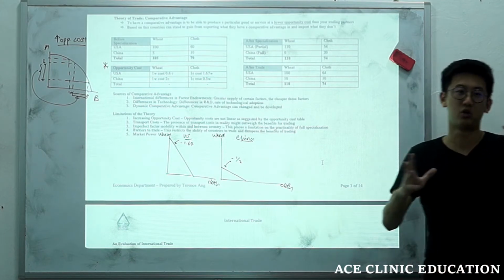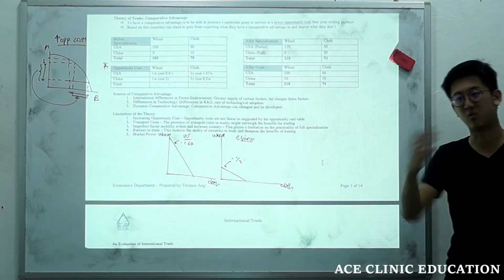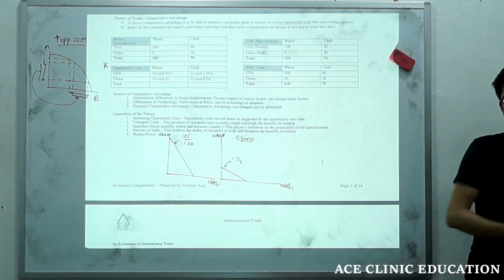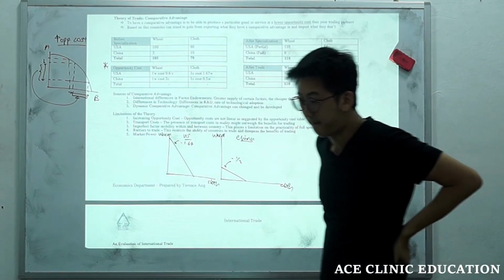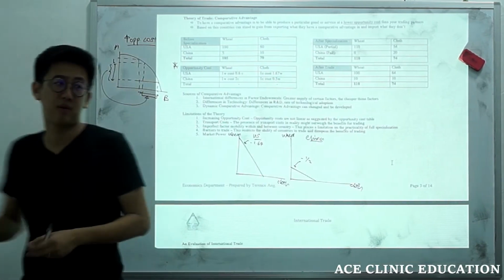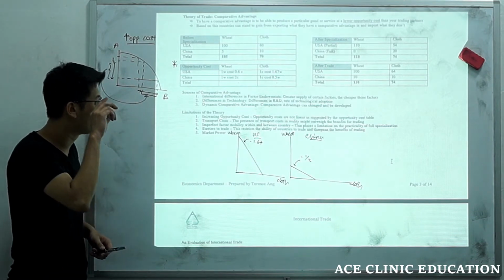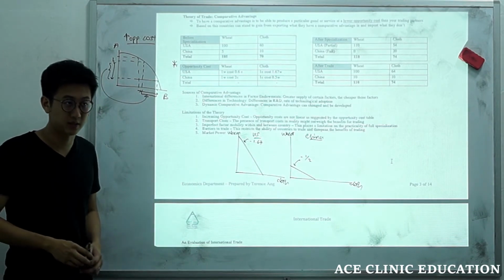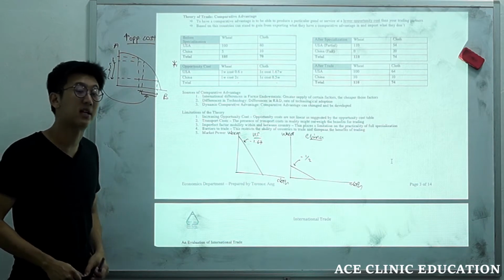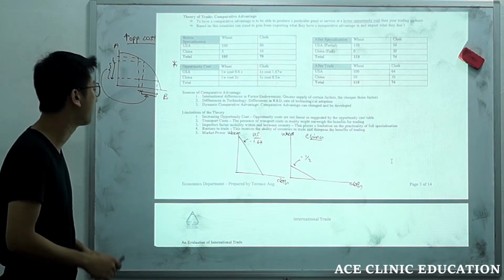You can only show it from one perspective, dy over dx. You can't show it the other way around. So the gradient represents the opportunity cost, and the opportunity cost is constant. That's a key assumption here, and that's where it looks different from a normal PPC.